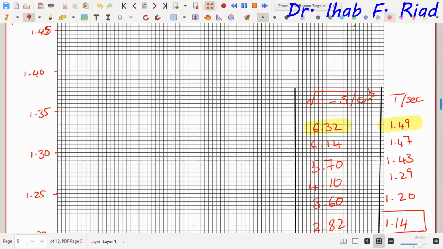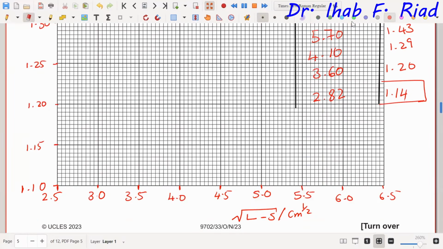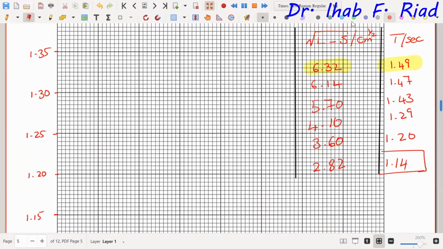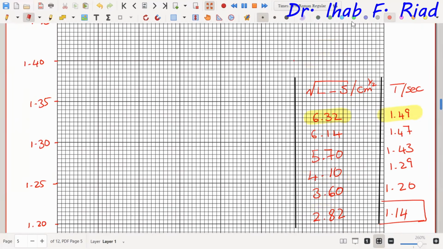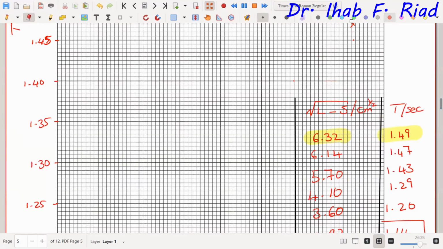We are done with 2 of them. We have 5.7 and 1.43. 5.5, 5.6, 5.7. This I can do easily.